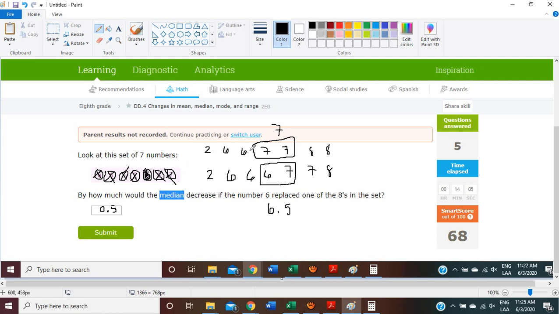Oh, 1, 2, 3, 4. Yeah. This was our original median, and this is our new median. Okay, so from 7 to 6 is going to be a decrease of 1.